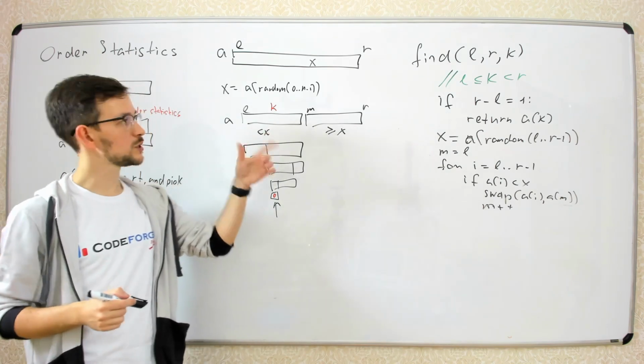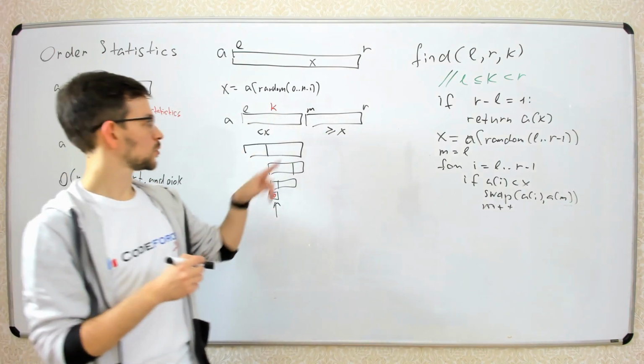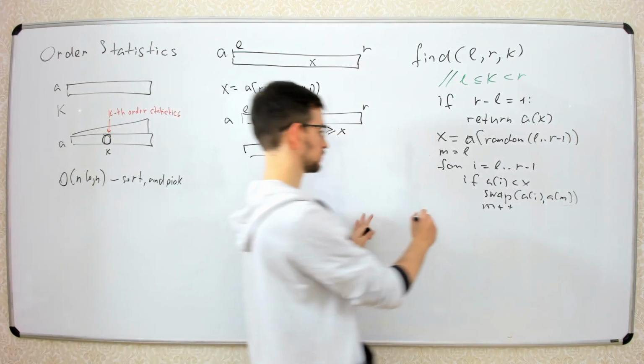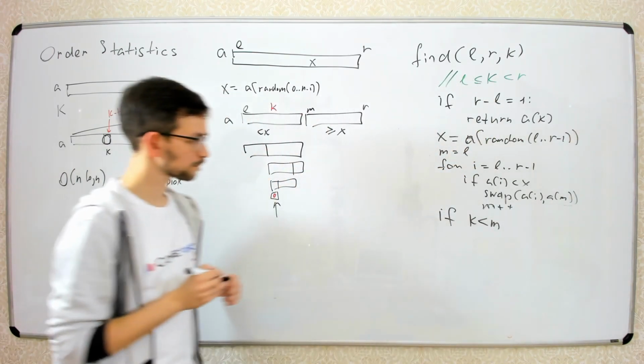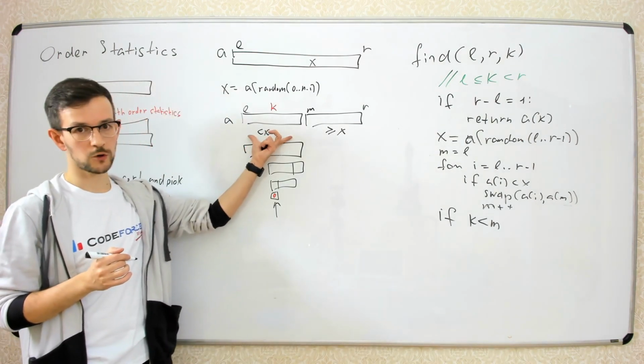Now we see which part contains element K. If K is less than M, then we make a recursive call for the left part.